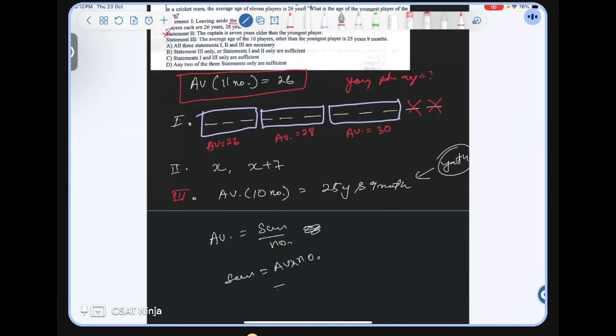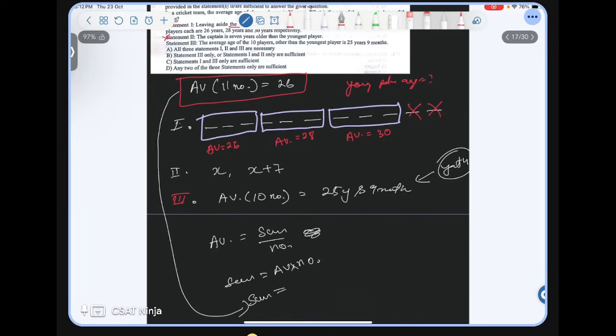Using what is given in the question, can I find the sum of the 11 players? That means the sum of all the players is 11 into 26. The sum of all the ages is 682.